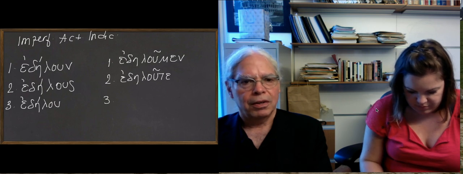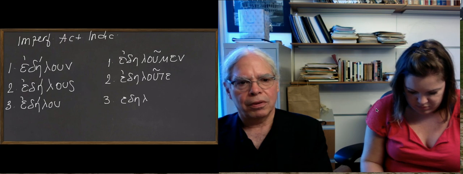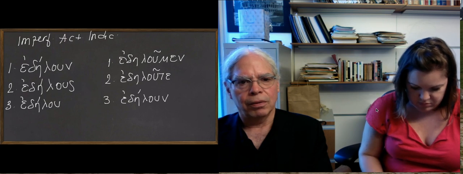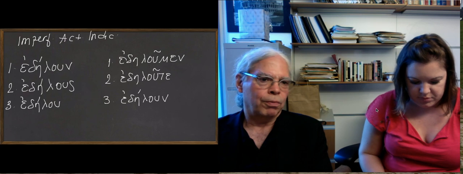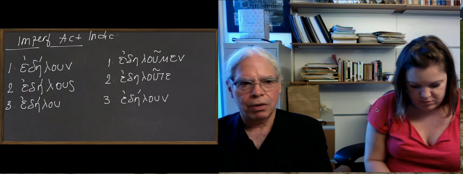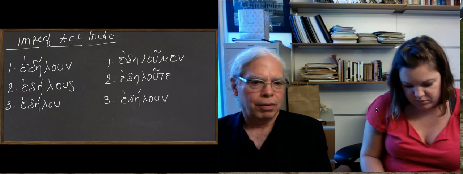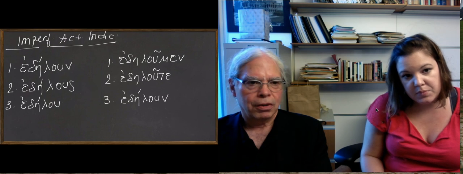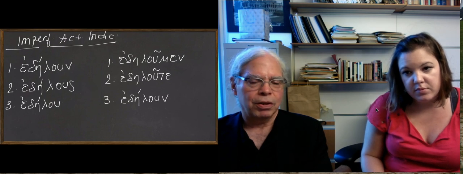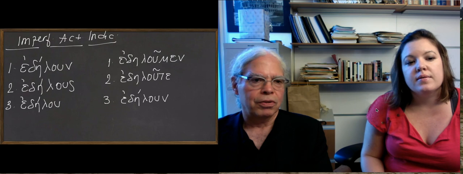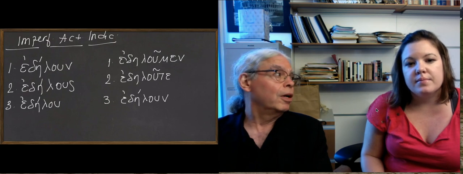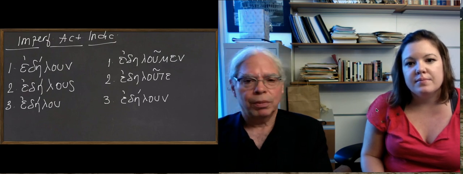So you can see that again, just to summarize, we neutralize the contrast between the E and the O vowels, between the omicron and the epsilon. So we've got one form into which everything contracts in a case like this. Makes it simpler in some ways, but more difficult because we have so much overlap.